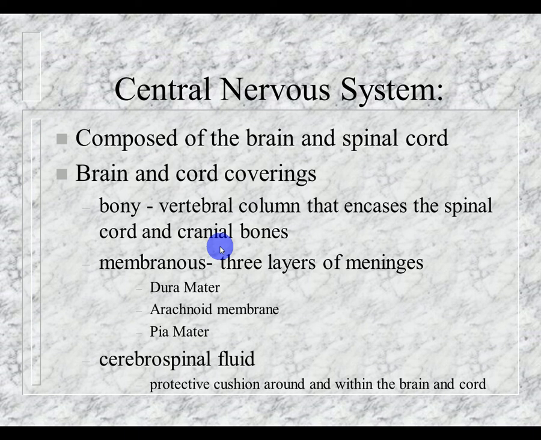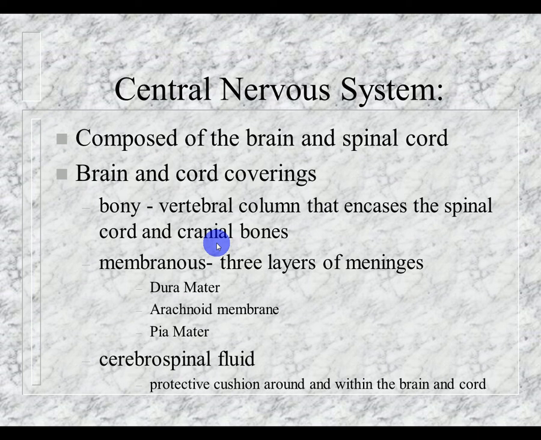Then you've got the membranous layers, the 3 layers of the meninges, and your book happens to have a good picture of that on page 928 at the bottom. You can see there, it shows you the typical section of the top of the head, showing the meningeal layers.